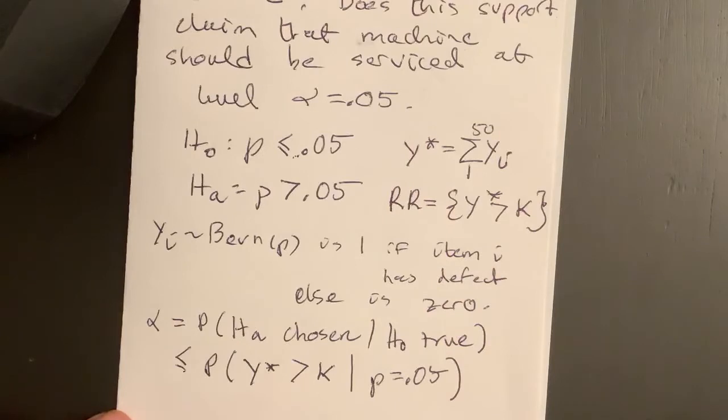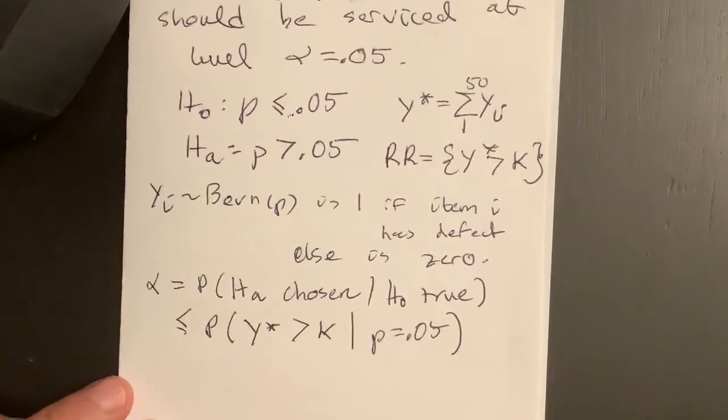At this point, I could use the binomial formula or R, or I can use the central limit theorem again, because remember, binomial is just the sum of independent random variables.